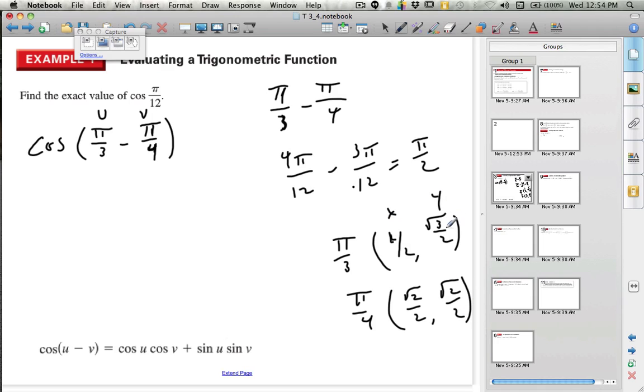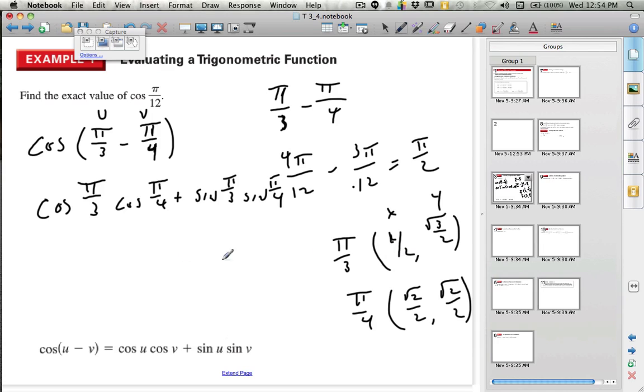This is y and x, and of course this is sine and this is cosine. So we're going to have cosine of pi over 3 times the cosine of pi over 4 plus the sine of pi over 3 times the sine of pi over 4.